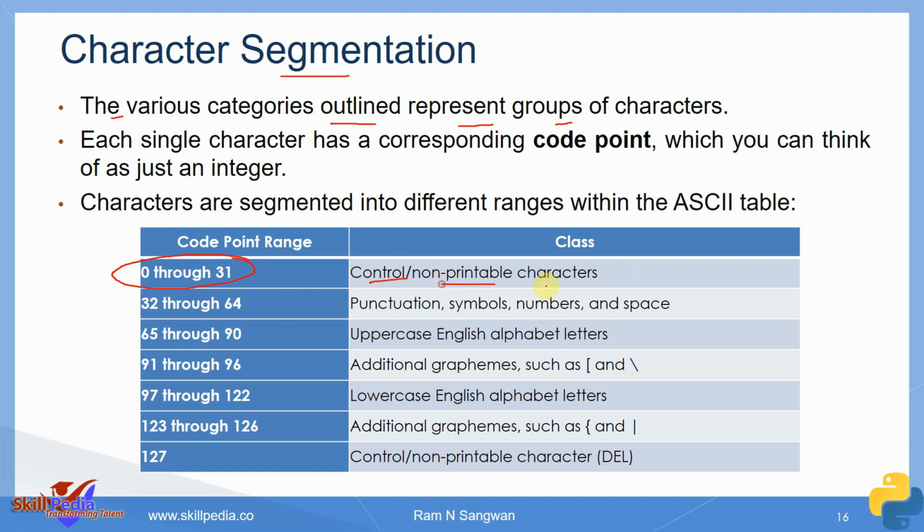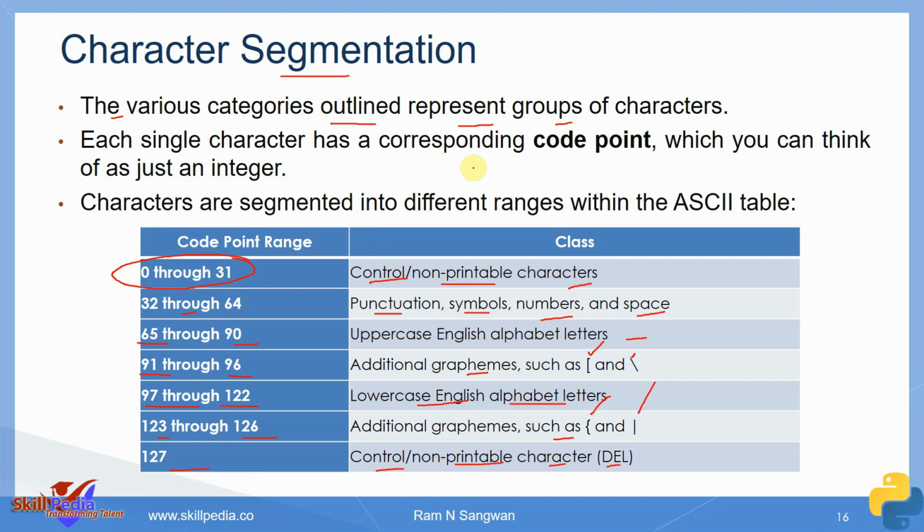They are the control or non-printable characters in your ASCII table. 32 to 64 include punctuations, symbols, numbers, and space. 65 through 90, uppercase alphabet letters. 91 to 96, additional graphemes such as square brackets and slash. 97 through 122, lowercase English alphabet letters. 123 to 126, additional symbols like curly braces and vertical bars. 127 is a control non-printable character, the delete key of your keyboard.